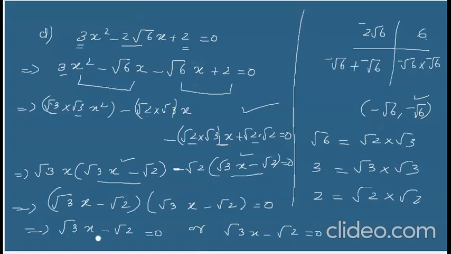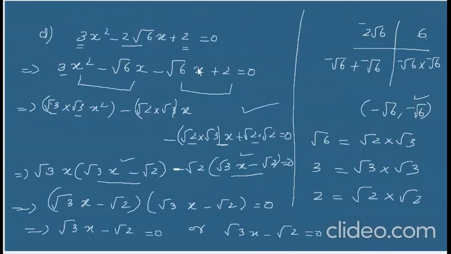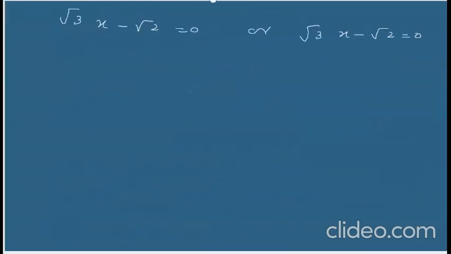So let's consider root 3x minus root 2 is equal to 0. Okay. So you can see that the factors are same. Fine. This implies root 3x is equal to root 2 or x is equal to root 2 by root 3.